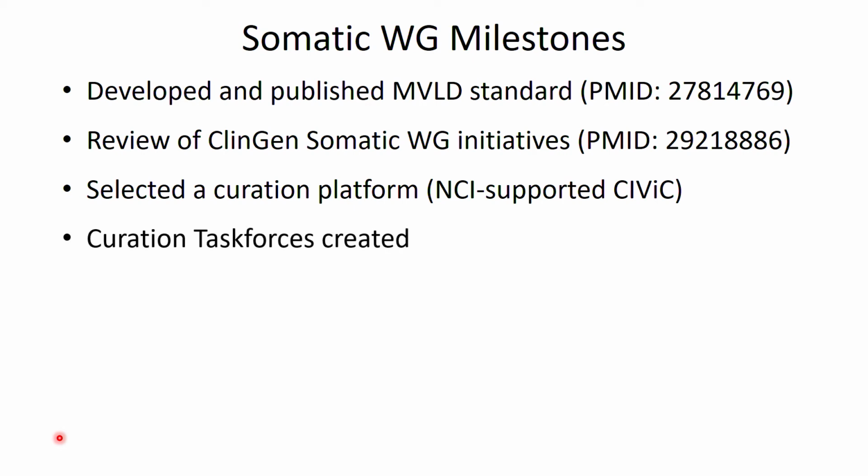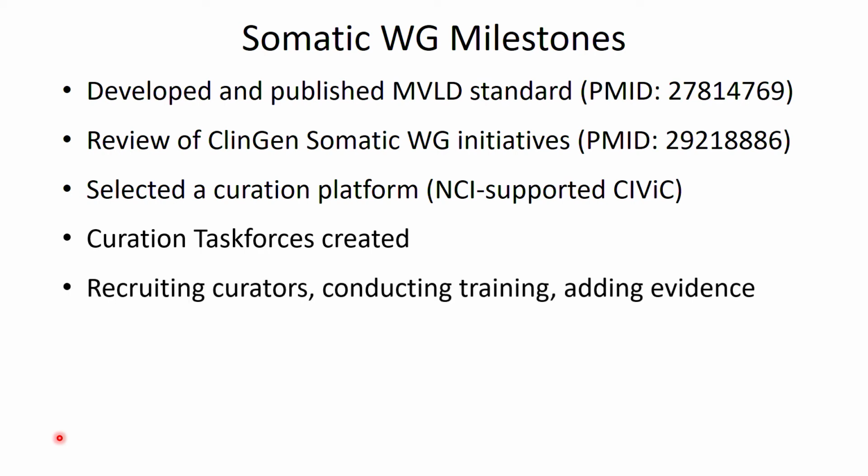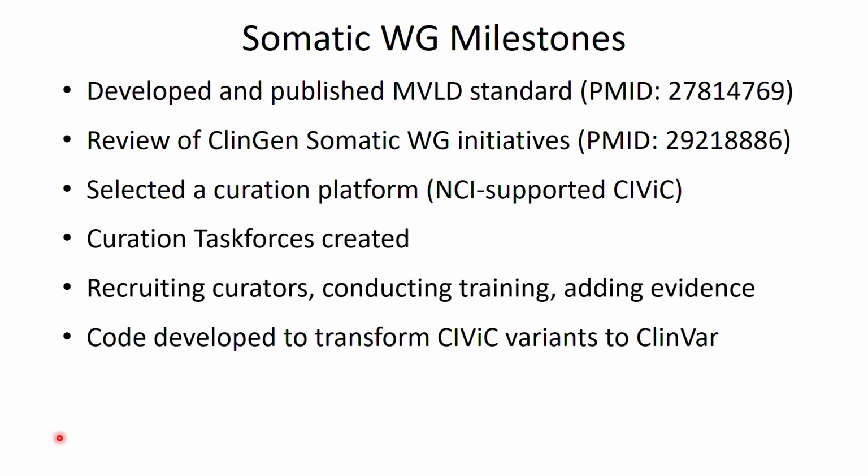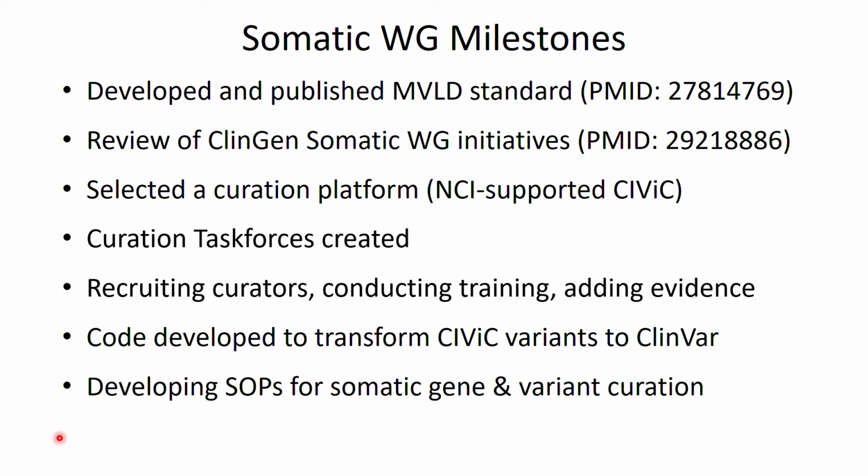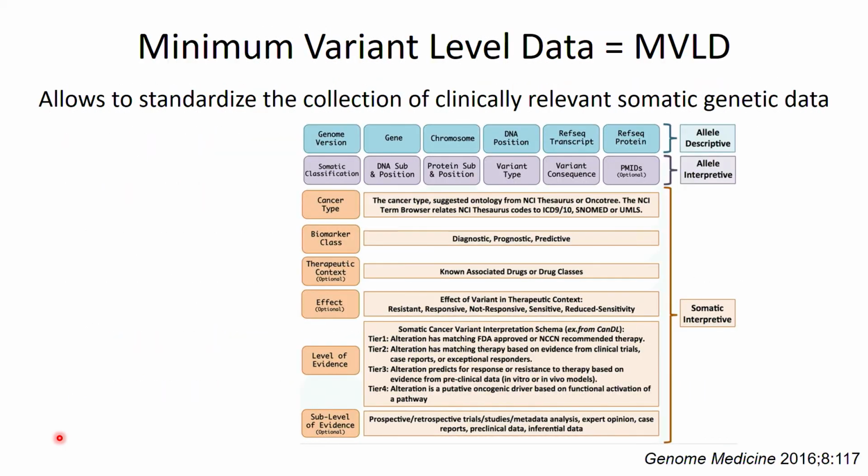We are organized into curation task forces, focusing on different tumor types, actively recruiting curators, conducting curation training, adding evidence into CIVIC. Code has been developed to transfer CIVIC variants into ClinVar. Again, another thing that was just mentioned by Killian in her really nice talk. And we are developing protocols for somatic gene and variant curation.